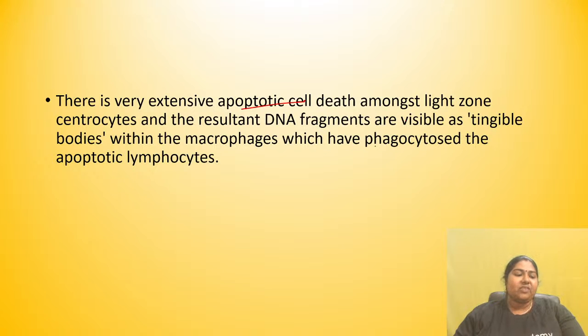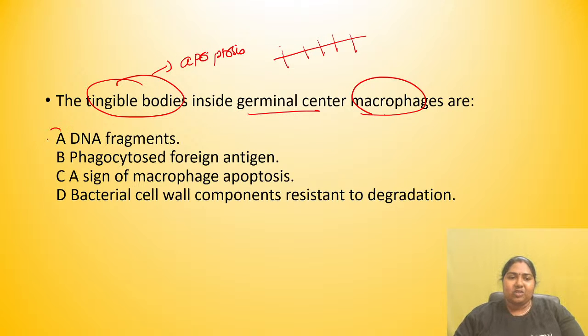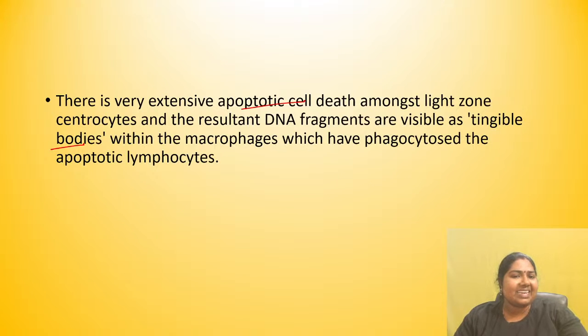This fragmented material is what is called the tingible bodies. So when will tingible bodies be present? They are present only during apoptosis, which leads to the fragments. Alright everyone, this is clear?